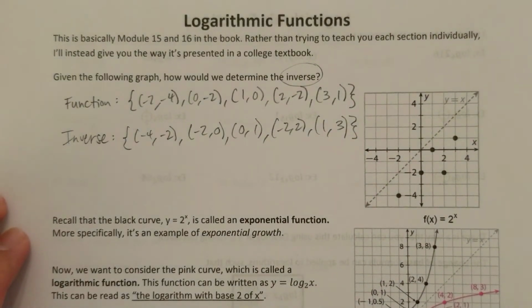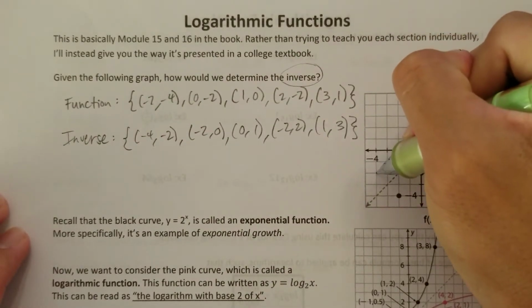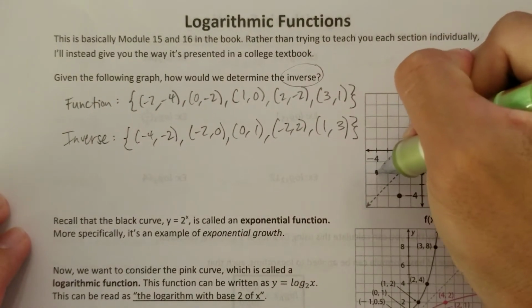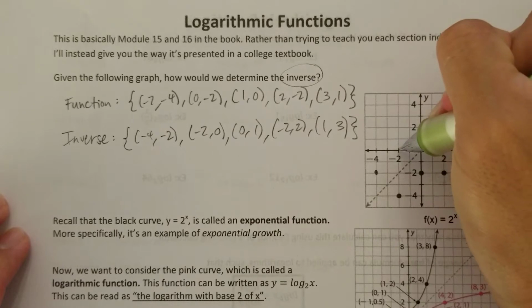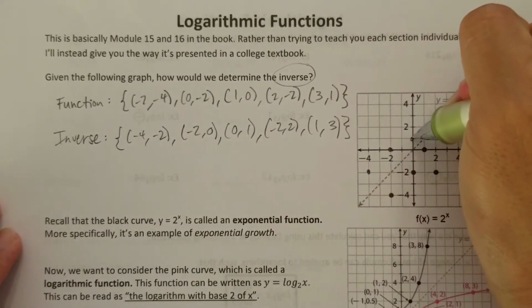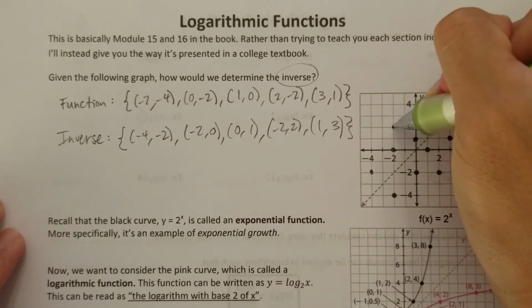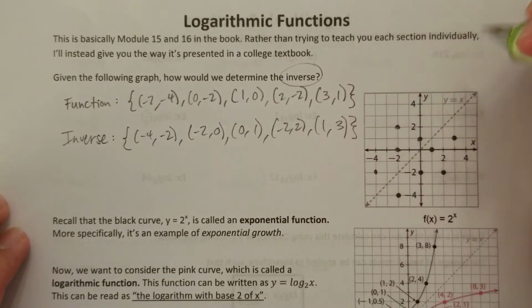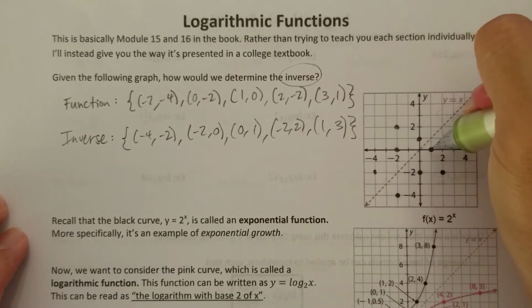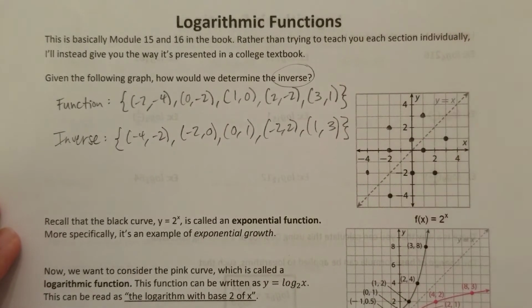Okay, so let's go ahead and plot these points. The inverse is going to be -4 comma -2. One other point is going to be -2 comma 0. One of the points is going to be 0 comma 1. One of the points is going to be -2 comma 2, so that's up there. And another point is going to be 1 comma 3, so that's going to be up there.